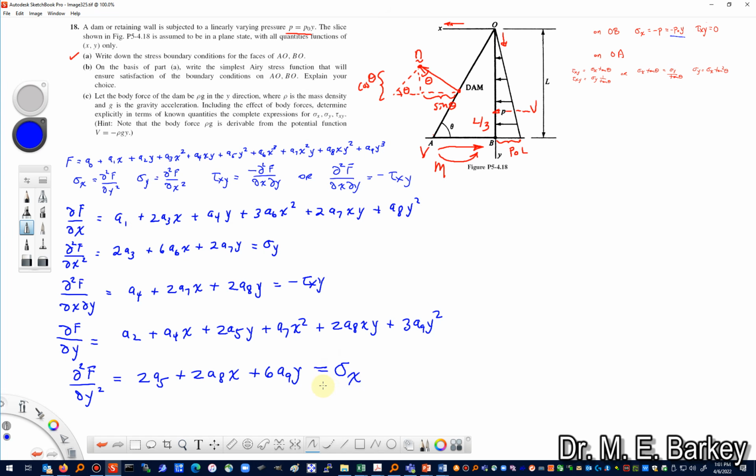Okay, so now what we're going to do next is look at our boundary conditions, and see how we can use those in the best way possible to figure out what all these a's are that are left over. Let's make a note of what is left over. So we got an a3, an a6, and an a7. We got an a4. Okay, we got the a7 again.